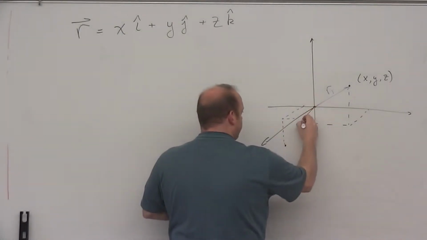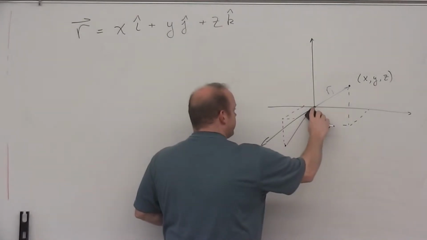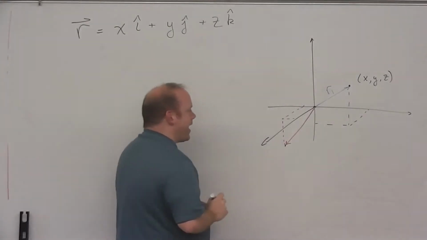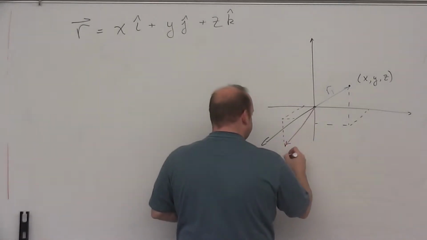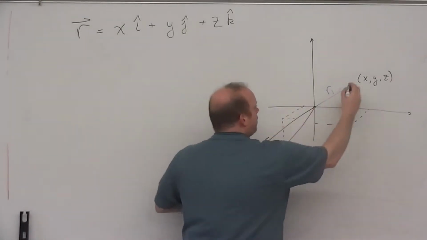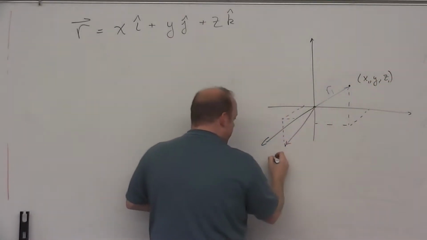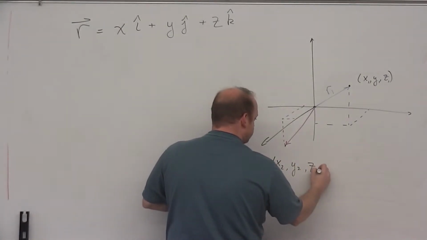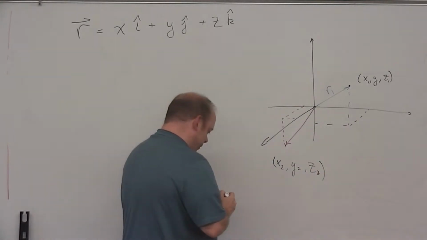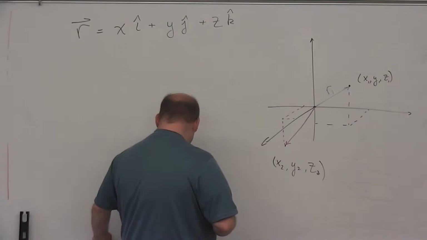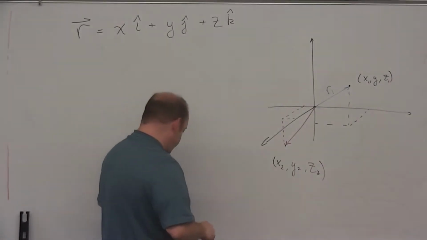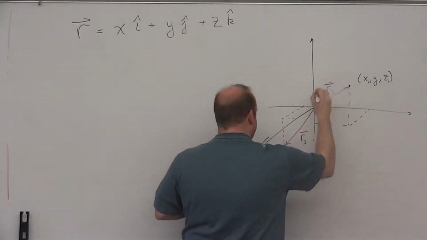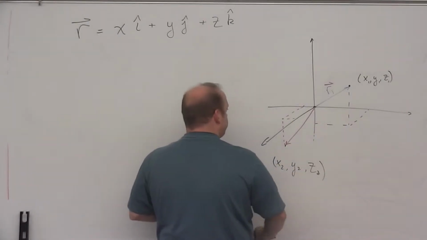Okay, so now my R2, that wasn't very straight, would go like that. So this will be my R2, and this will be, by the way, X1, Y1, Z1. I'll call this X2, Y2, Z2. These are vectors. Move R2 out of the way here.